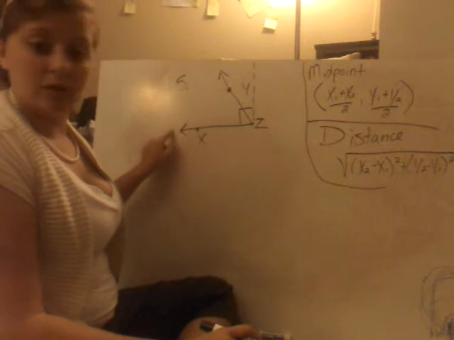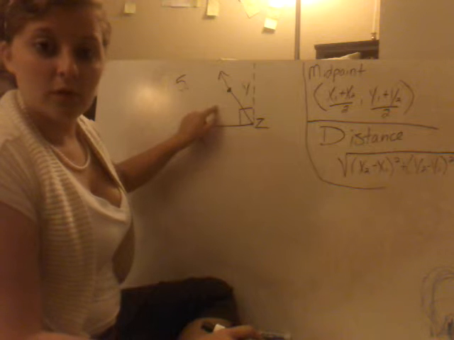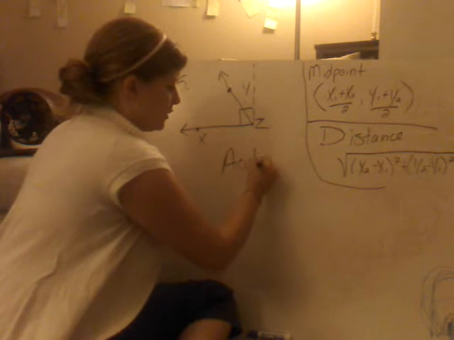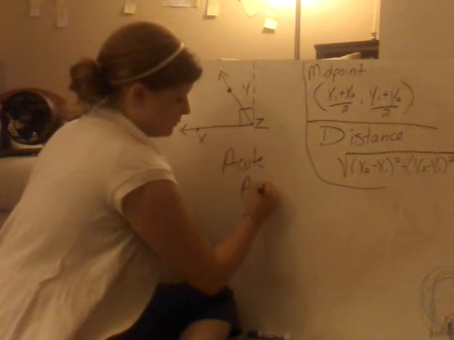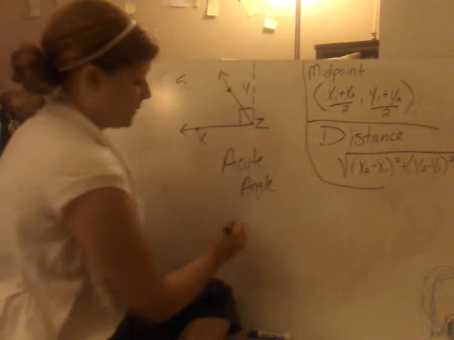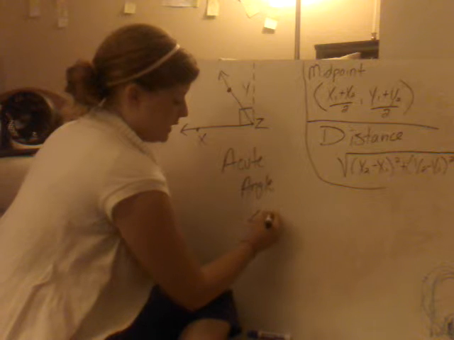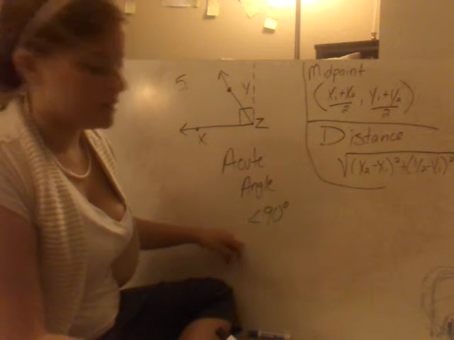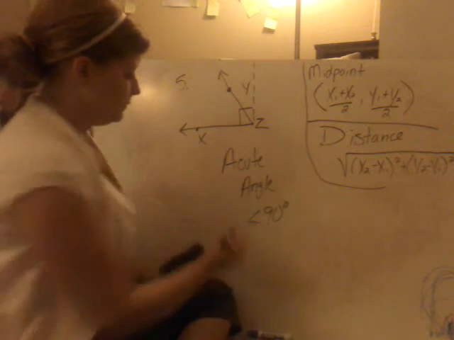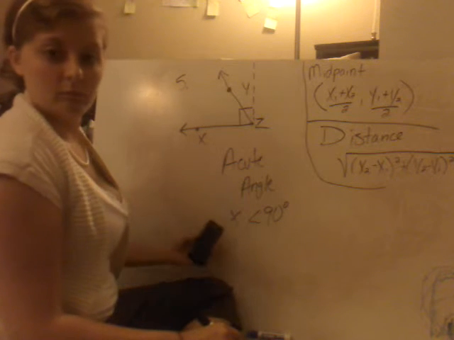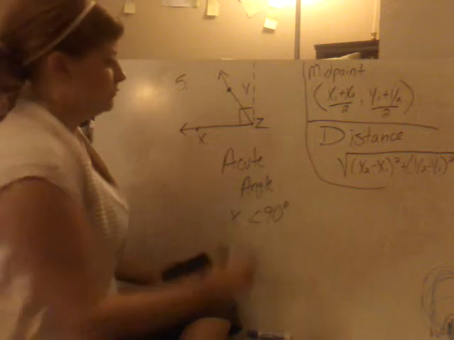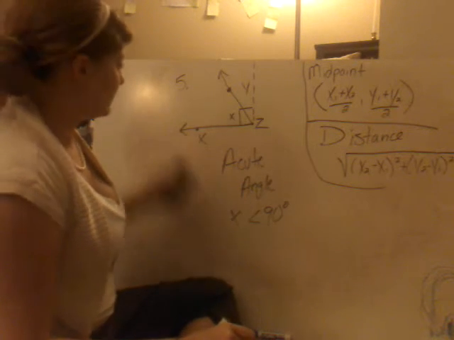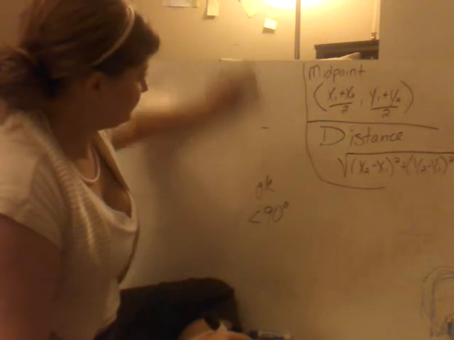So this is an acute angle. It is less than 90 degrees. I know you don't like the less than sign, but it is. X less than 90. Alright, so that's all of 5.